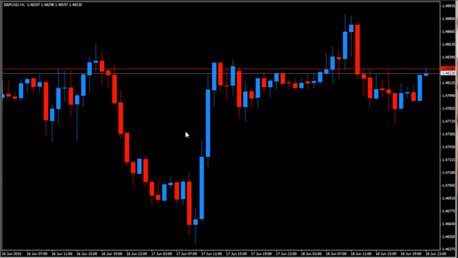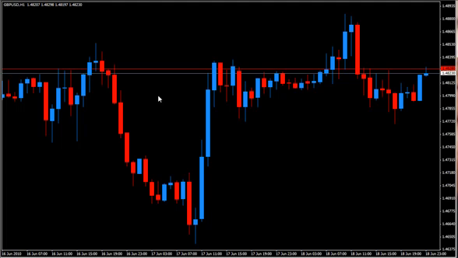Now we've got that over and done with, what we're looking for is an area in the market to understand what the sentiment is. The way we do this is simply by checking for formations that appear from time to time.